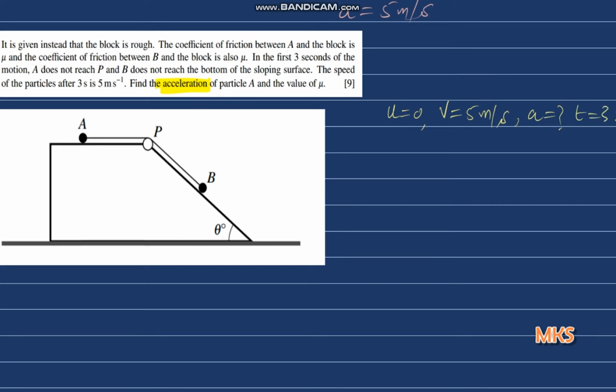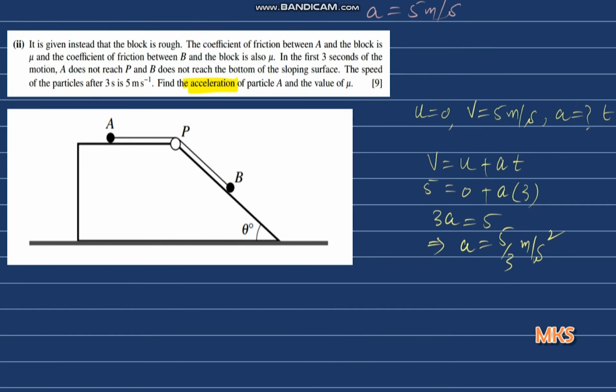We can apply v is equal to u plus at, where v is 5, u is 0, a to be found, and t is 3. So 3a is equal to 5, which will give us a is equal to 5 by 3 meter per second square.